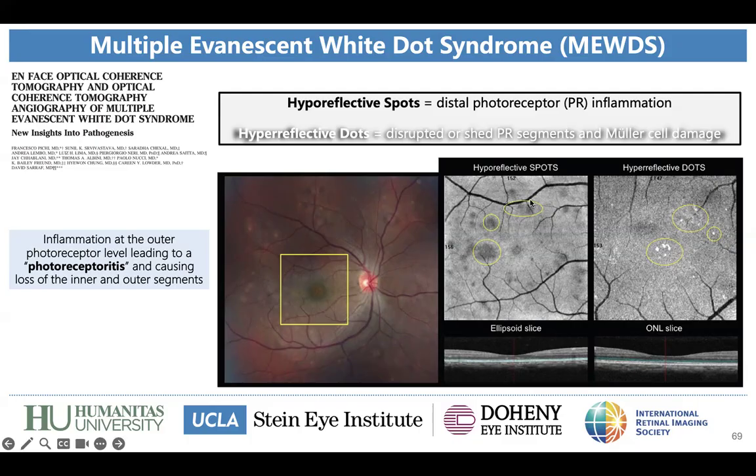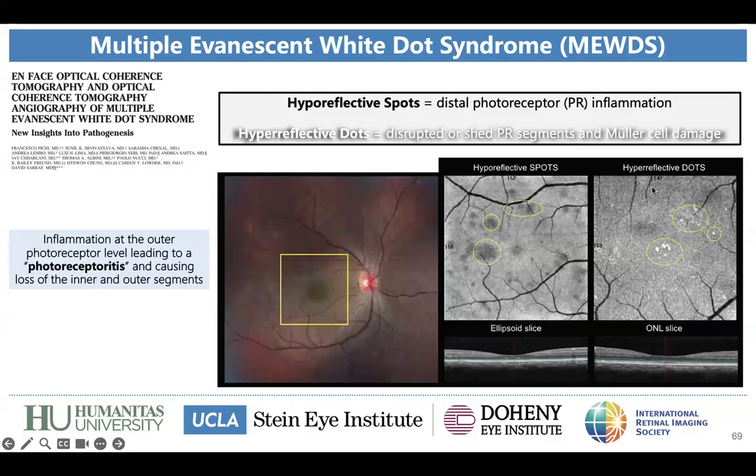The spots are thought to be related to a more distal photoreceptor inflammation, and for this reason MEWDS was considered a photoreceptoritis, an inflammation of the photoreceptors. The hyperreflective dots might represent disruption or shed photoreceptor segments and Mueller cell damage.